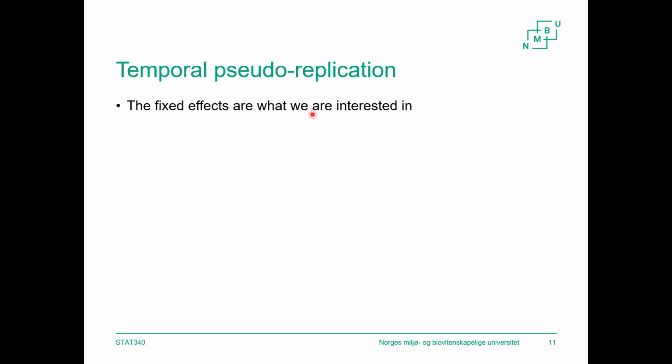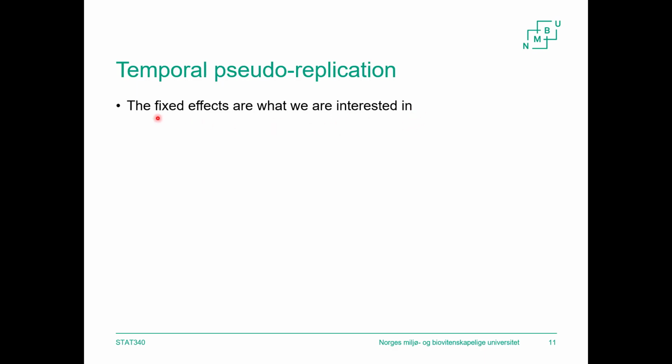The fixed effects are what we are interested in in this type of model typically, right? We want to see what happens over time, right? And if we have, for instance, in the case of medical, if you are testing a new drug, you have some people who get the drug and some who don't, and you're interested in seeing what happens to these over time.